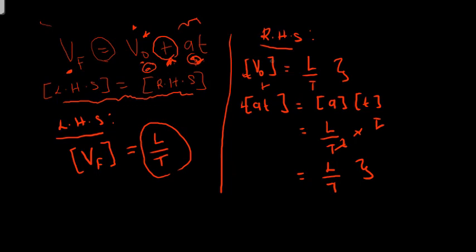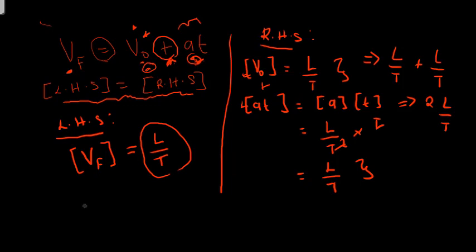Now, on the right-hand side, because these two dimensions are being added, we'll have a situation where we have dimensions of V0 being L over T plus dimensions of AT being L over T. So this will now become 2L over T. So these are the dimensions on the right-hand side. Now what remains is just comparing the dimensions on the left-hand side with the dimensions on the right-hand side.